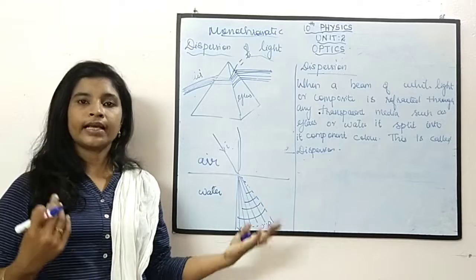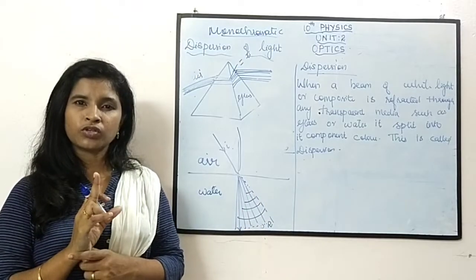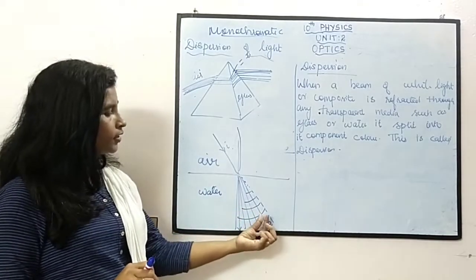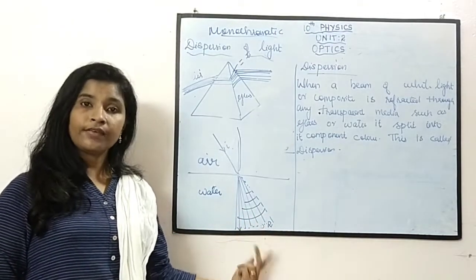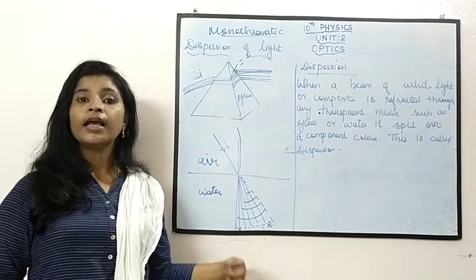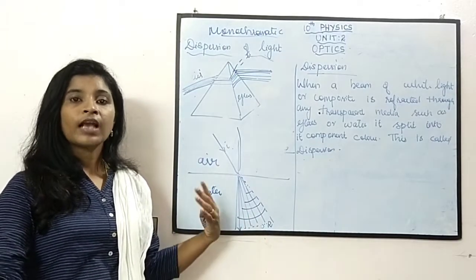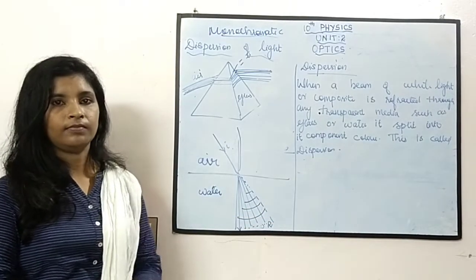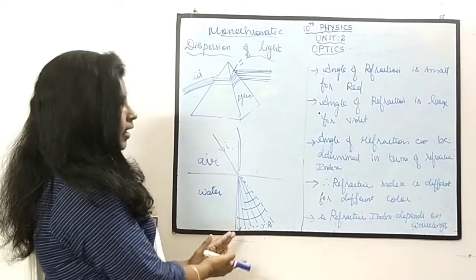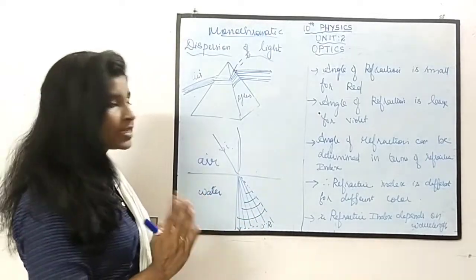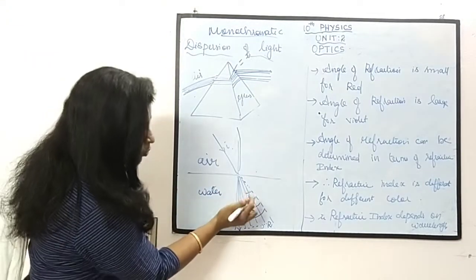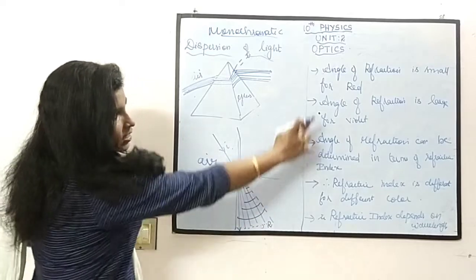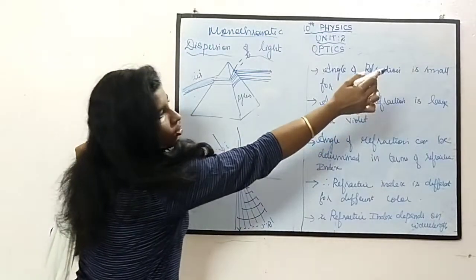I have already said that we identify a color by its wavelength. Each color has its own wavelength. So according to the wavelength, the angle of deviation or refraction angle will vary. From this we can say for which color the angle of refraction is very small: for red color. So for red color the angle of refraction is small.